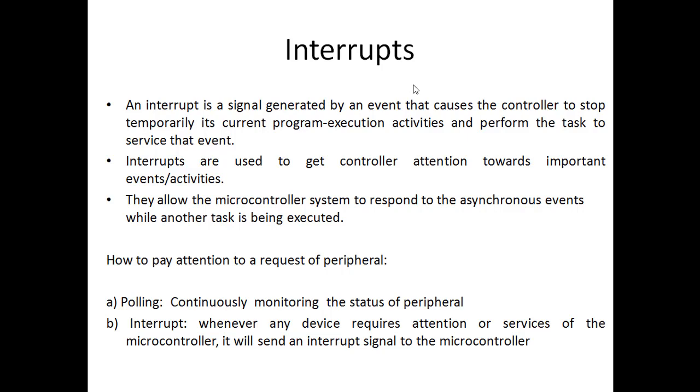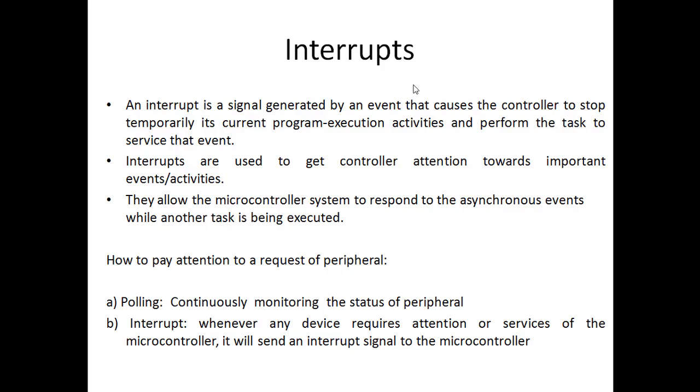So what is the better option? The better option is interrupt. In interrupt, instead of continuously monitoring the peripheral, my microcontroller will keep on working its normal operation, and whenever any device requires attention or services of the microcontroller, it will send an interrupt signal to the microcontroller. Is it fine? That's why interrupts are way better to handle the requests from peripherals.